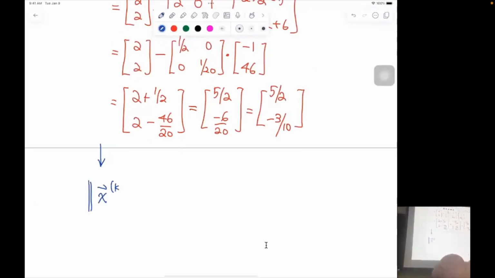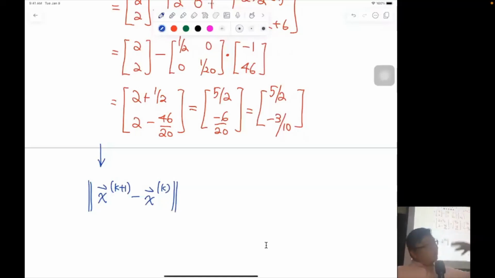The new design minus the previous design. But this time, because one vector minus another one equals a new vector, how do you do absolute value for a vector? You can't. So we can only use the so-called norm. What is the norm of a vector?